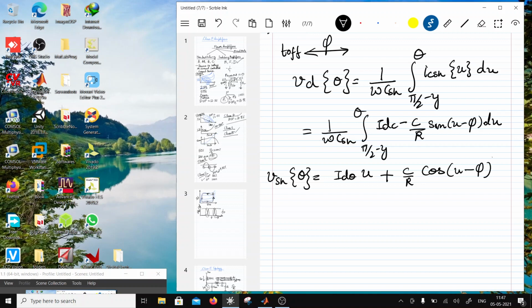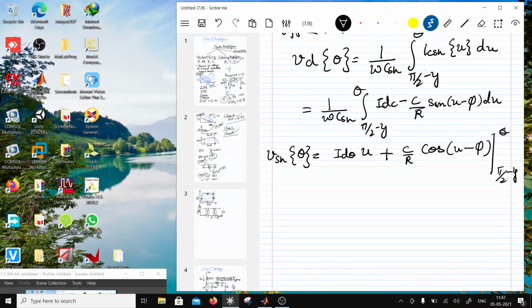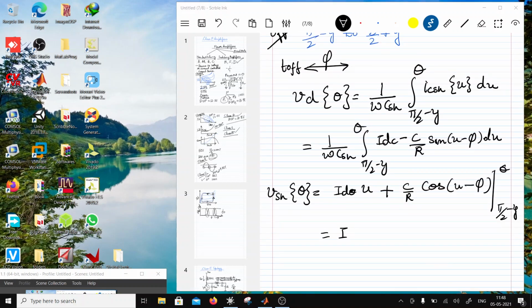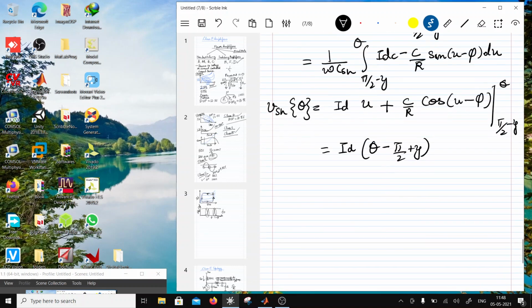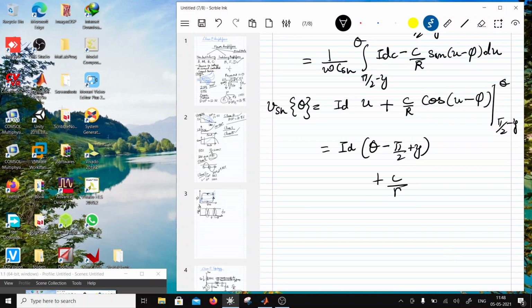Okay, and to this I would apply the limits pi by 2 minus y and theta, isn't it? So in this case it will be IDC times theta minus pi by 2 plus y, plus c over r times cos of theta minus phi, and pi by 2 minus y.